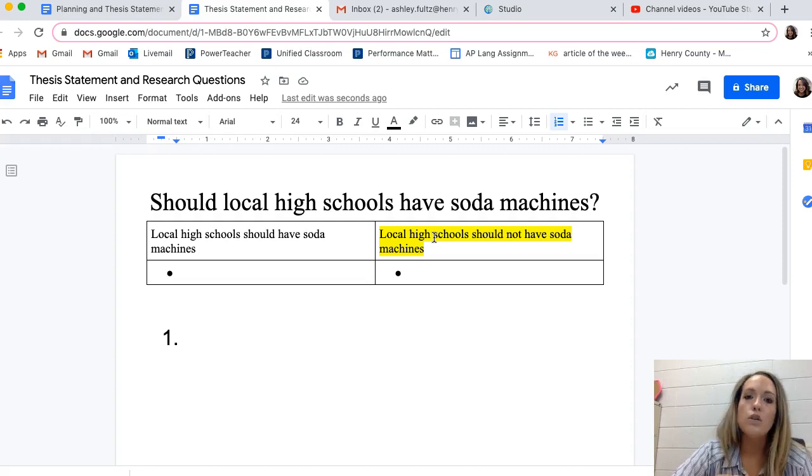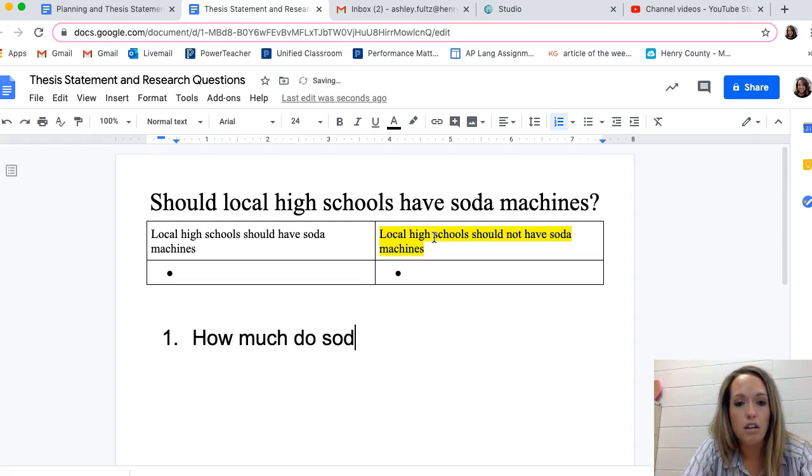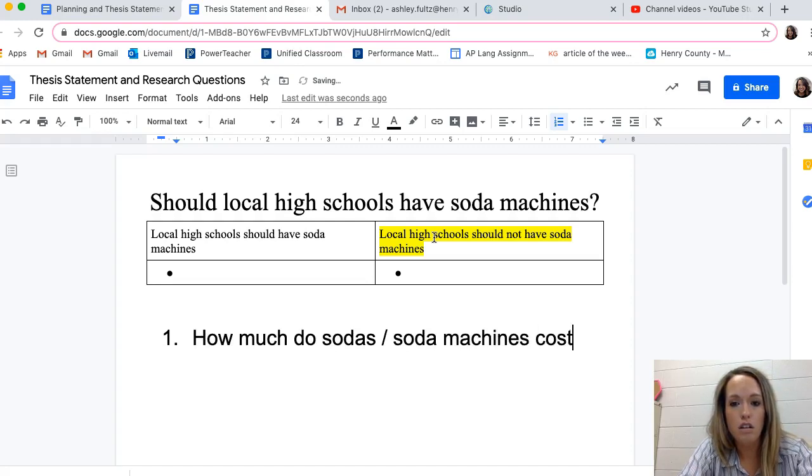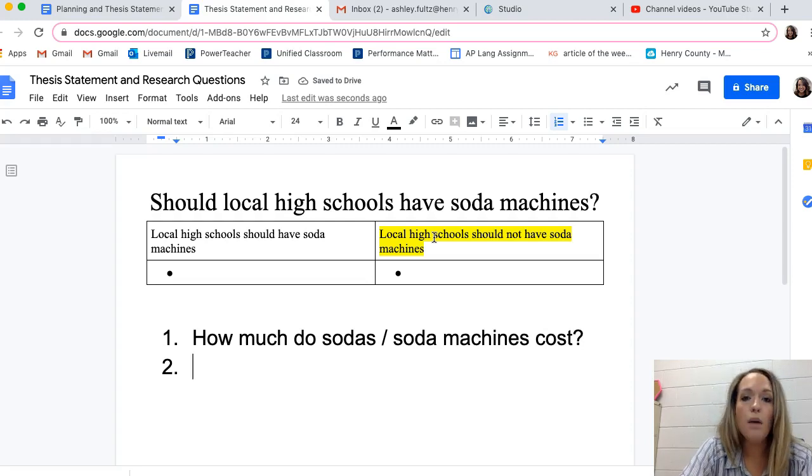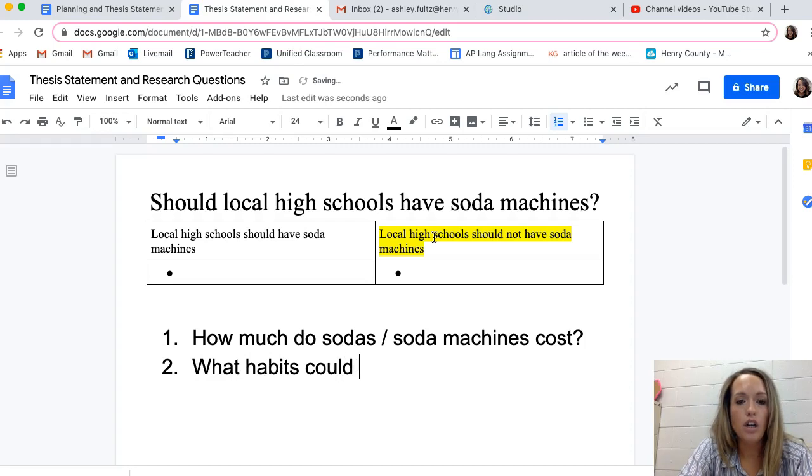So, local high schools should not have soda machines. What are some things we should ask ourselves in order to prove that? Maybe, how much do they cost, right? Maybe we should ask ourselves, what habits could this lead to?